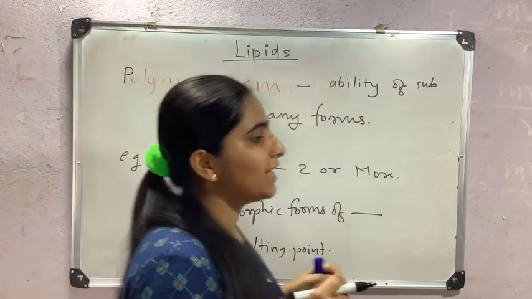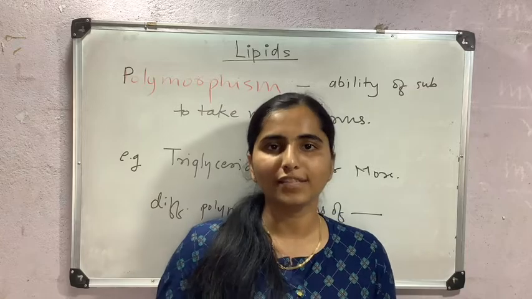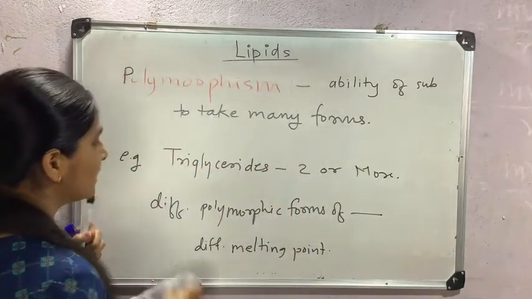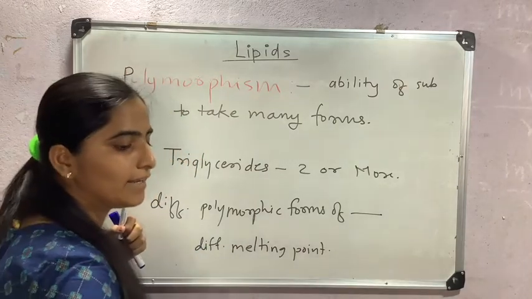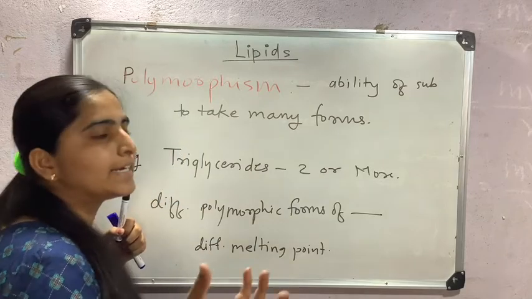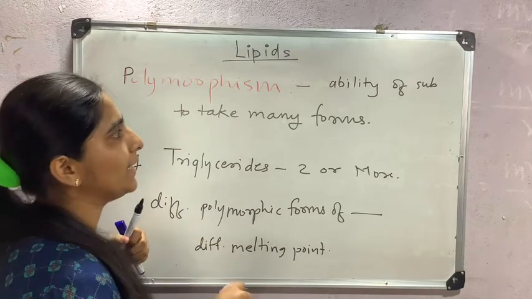X-ray diffraction and IR spectra are two techniques used to determine the crystallographic structure of a material. This explains how a crystal is formed, and we can use these techniques to identify the crystalline structure and to identify that particular material.